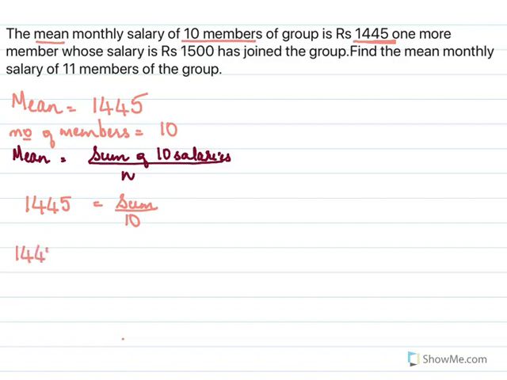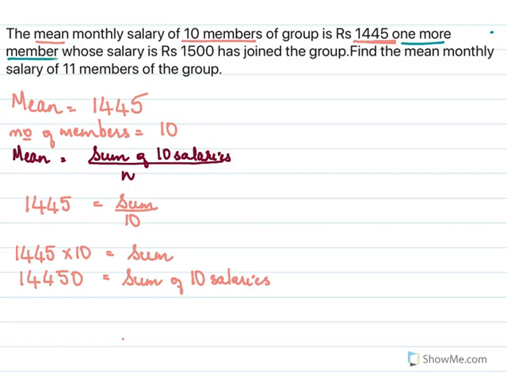So 1445 into 10 equal to sum. 14450 equal to sum. Now this is the sum of 10 salaries. Now the next part of the question says one more member whose salary was 1500 has joined.